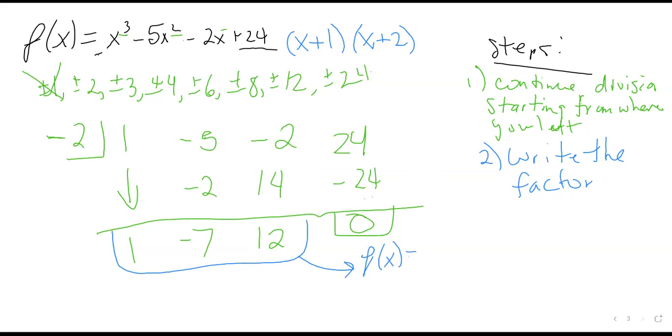I take my 3, I subtract 1, and that gives me my new leading coefficient. So 3 minus 1 is 2. Then it becomes negative 7x plus 12. So now this looks more familiar.